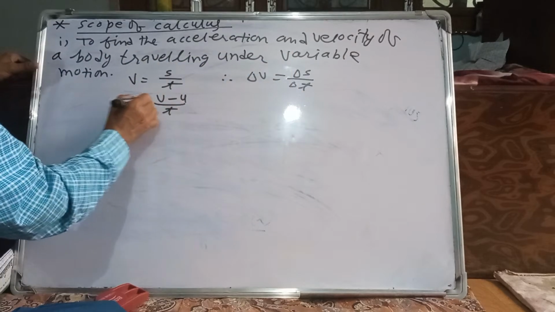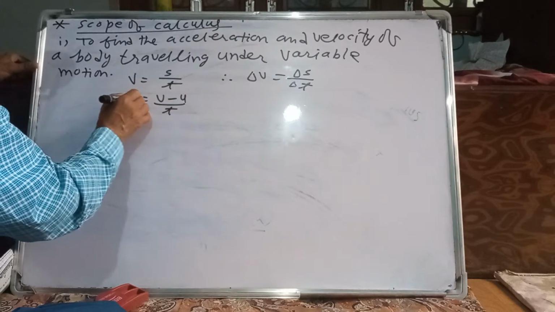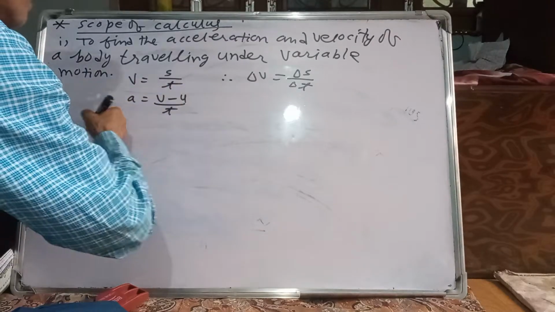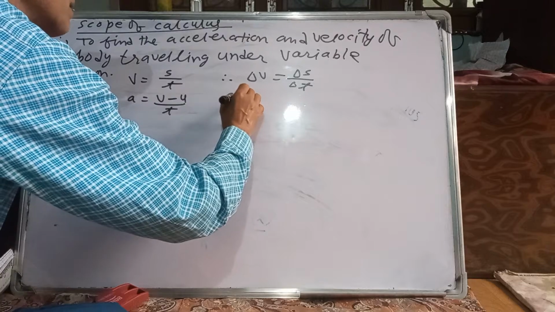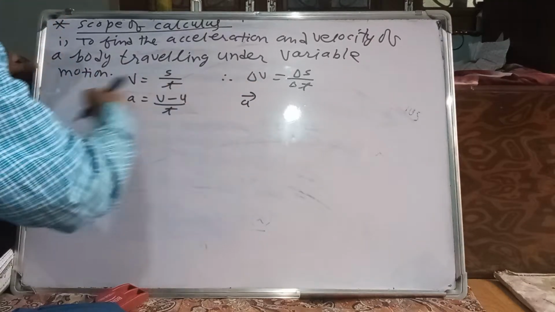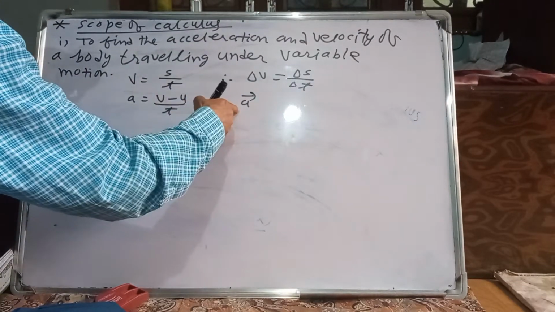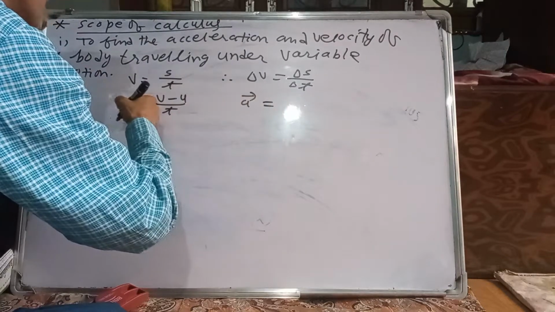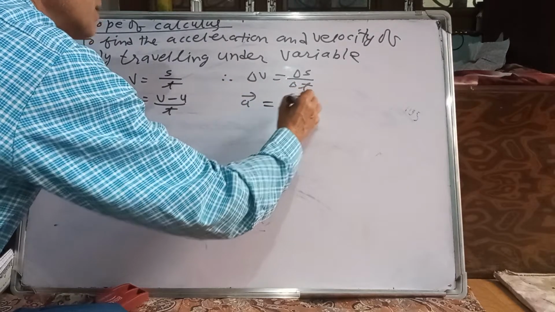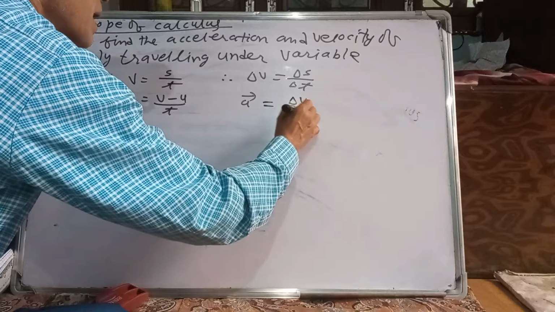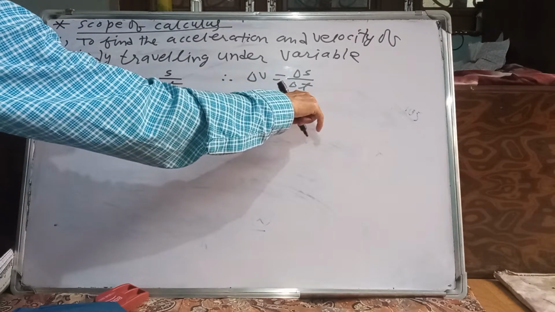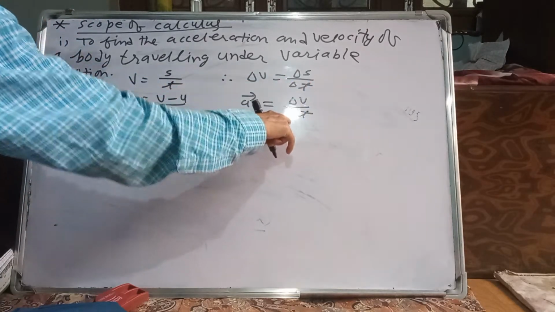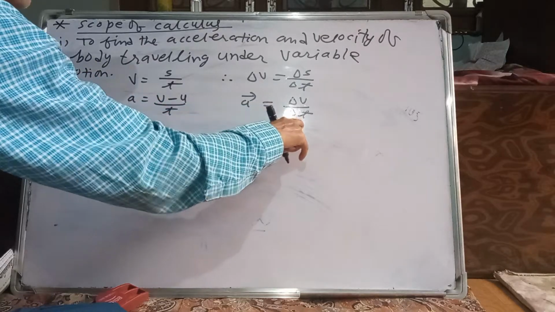Acceleration, since it is a vector quantity, we write a equal delta v by delta t, small increment in velocity upon small increment in time.